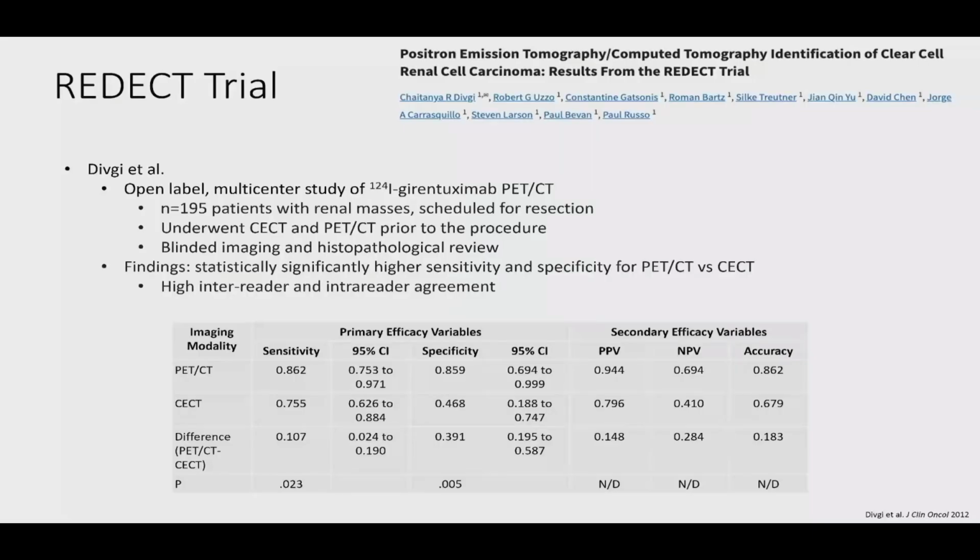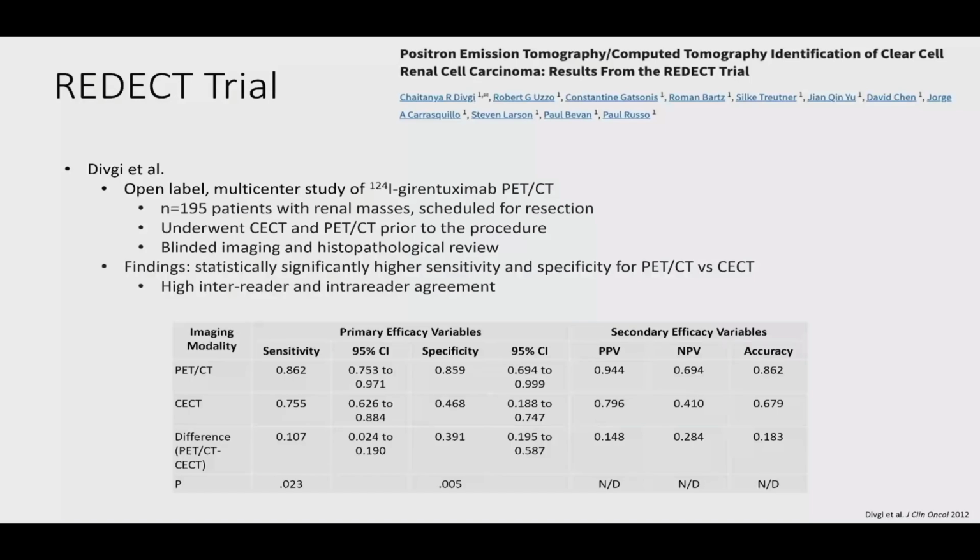And they all underwent both conventional contrast enhanced CT as well as girentuximab PET-CT. And both imaging and histopathological review were blinded in the study. And they found that both sensitivity and specificity was higher with PET-CT, and so were positive predictive values and negative predictive values.